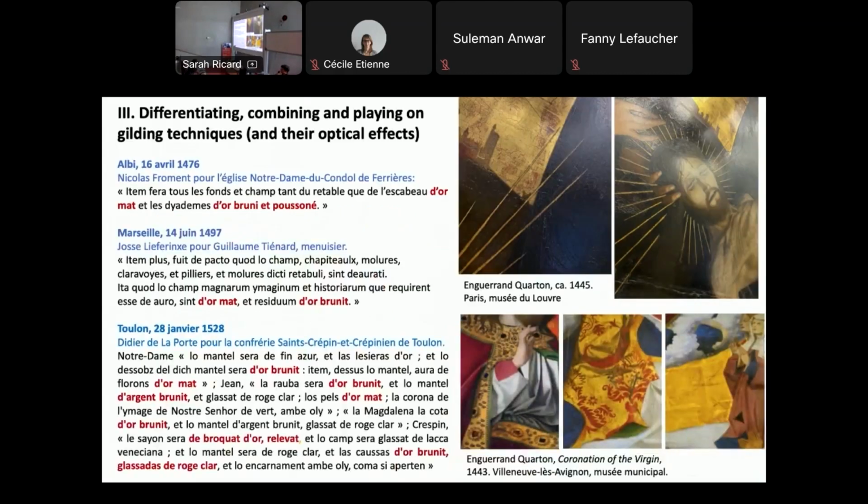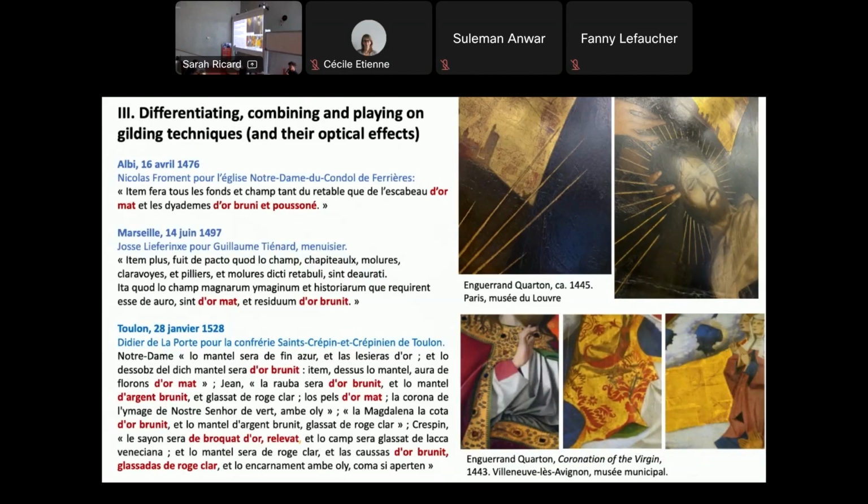Now, regarding display of appearances, what is interesting from my art history perspective is that these different techniques associated with different visual properties also appear in documentation, because in contracts for paintings and altarpieces in the 1500s, for instance, we have a distinction between specific parts and motifs that have to be done with matte gold or that have to be done with burnished gold.